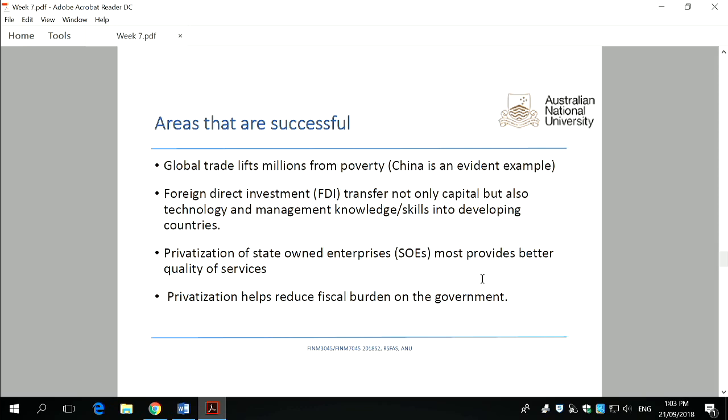The second area that is successful is foreign direct investment. Right, foreign direct investment is different from foreign portfolio investment, because portfolio investment comes through the capital market, and foreign investors can pour out quickly once they lose interest or lose confidence in the economy. But foreign direct investment is funds going into corporations.